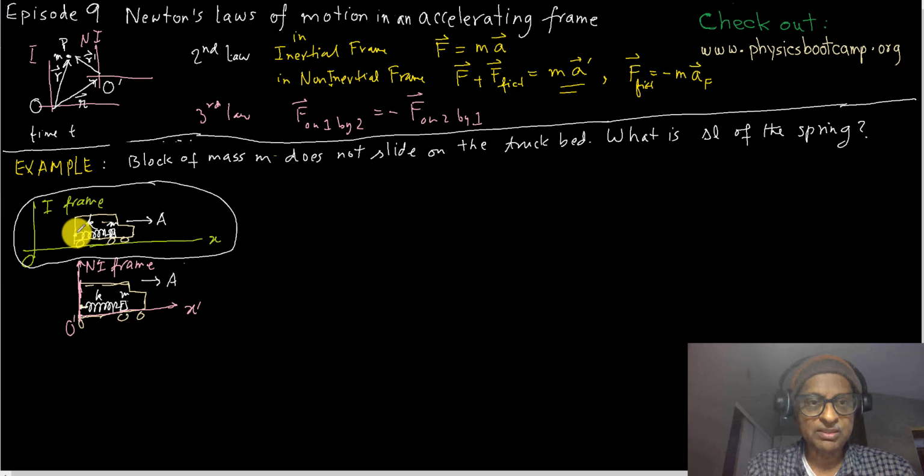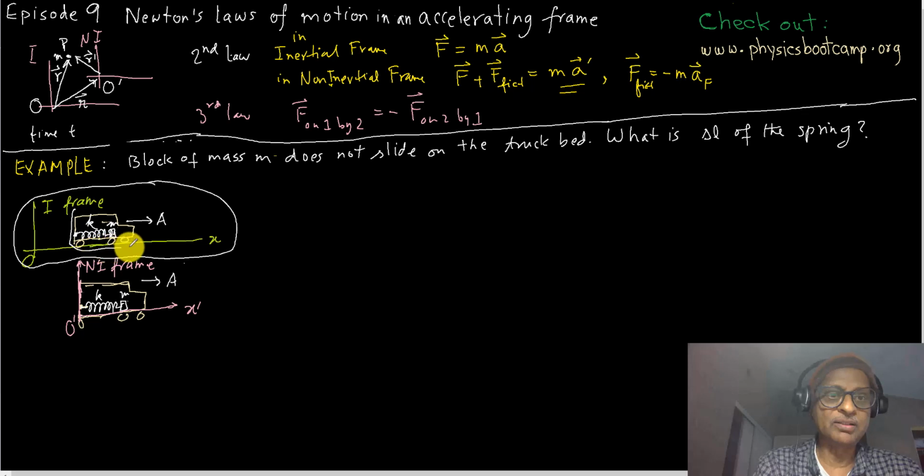This spring is attached to the back of the truck, and the block is not really sliding, it's just staying still. Of course, this entire thing is accelerating with A. So every particle of everything that's with the truck is accelerating with A with respect to this inertial frame.